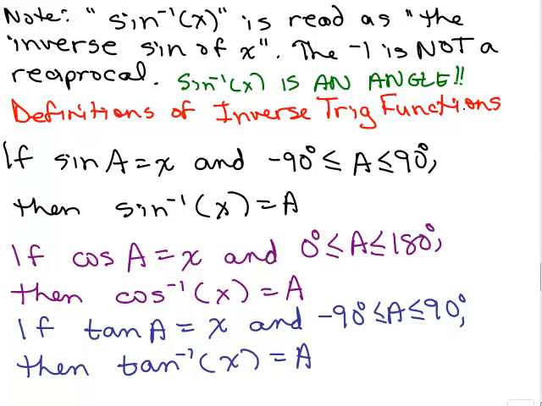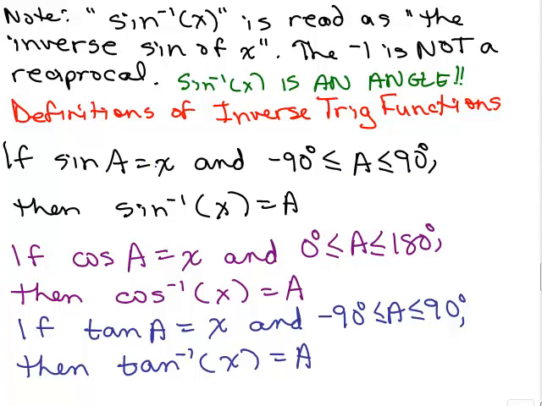So here are the definitions. First one, if the sine of a is x and the angle is in between negative 90 degrees and 90 degrees, then the inverse sine of x is equal to a. Now, why do I have it going from negative 90 all the way to 90 instead of just between 0 and 90?